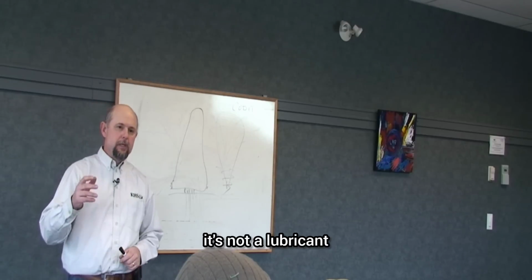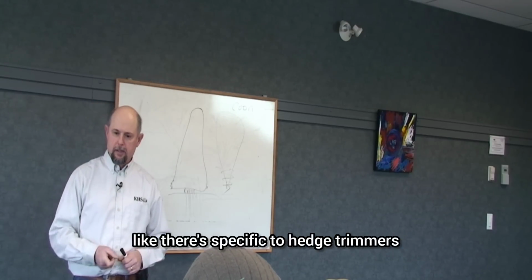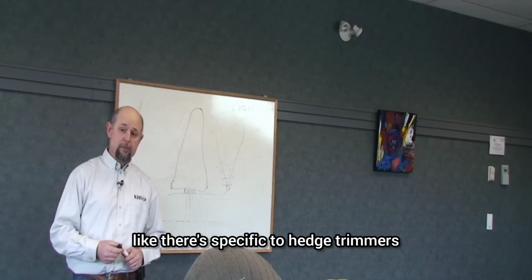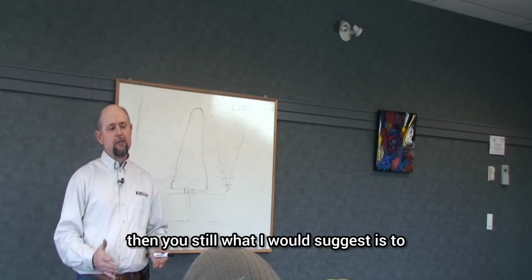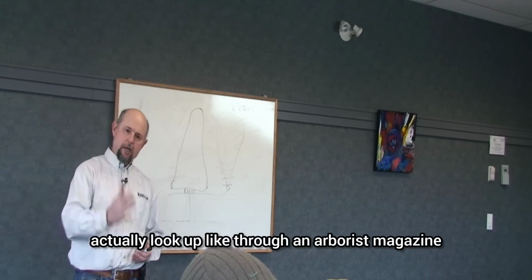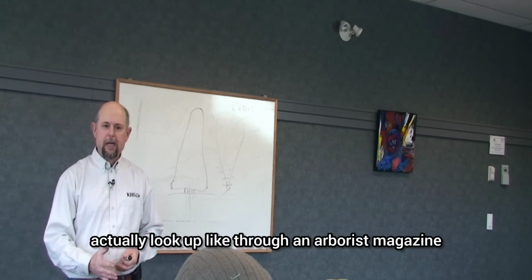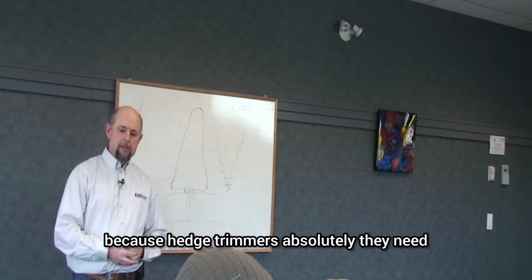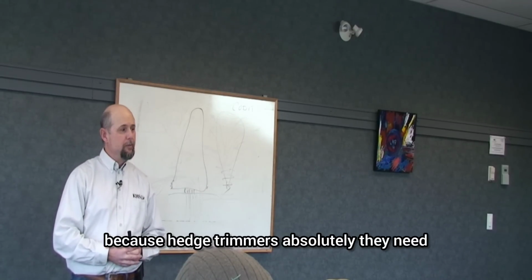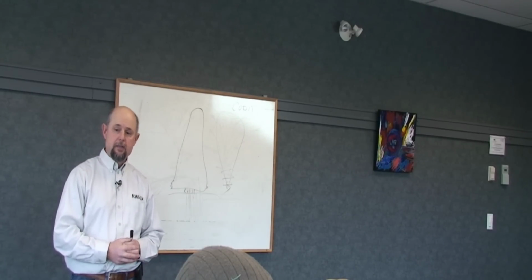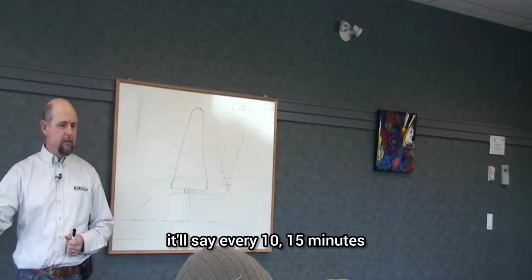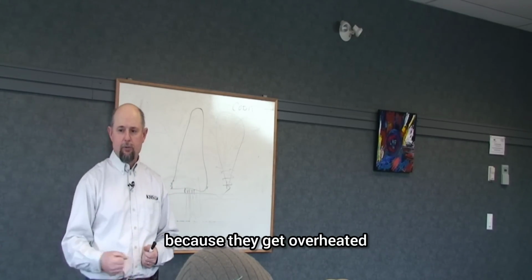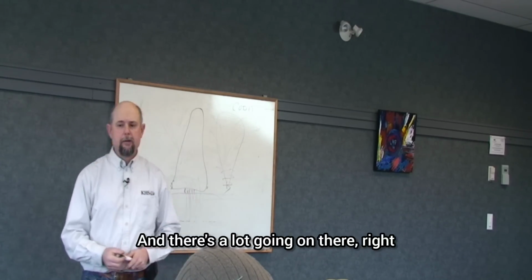It's not a lubricant. But if you use other types of products that are specific to hedge trimmers, what I would suggest is to look up an arborist magazine or arborist websites and ask those questions directly to those guys, because hedge trimmers absolutely need to be lubricated all the time, and if you look at the recommendations, they'll say every 10-15 minutes you have to spray them down because they get overheated, and there's a lot going on there, right?